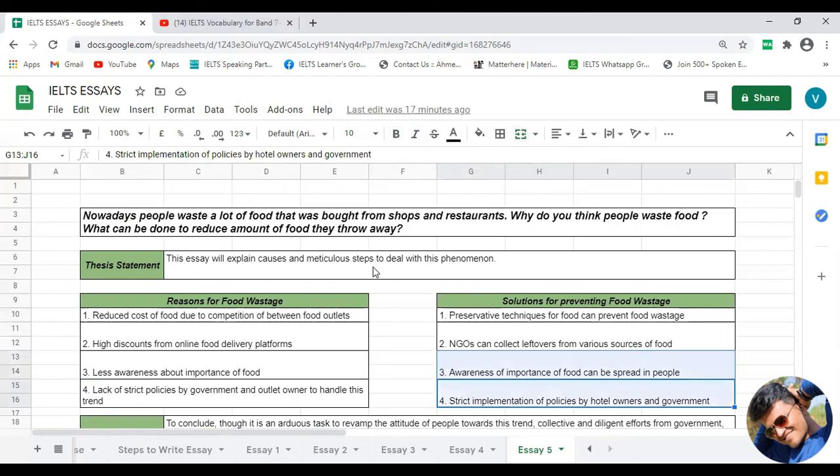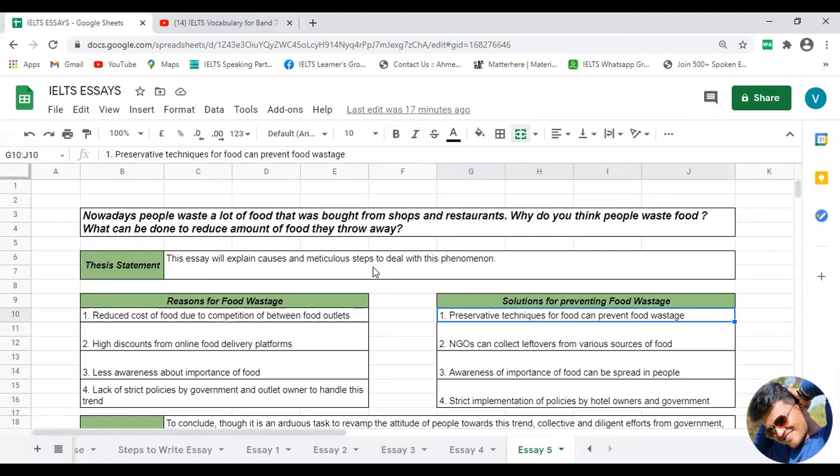So these are the two solutions which we can derive easily from the reasons paragraph, right? If I talk about the other two solutions according to me to handle this food wastage, the first solution at a personal level would be to use certain kinds of preservative techniques or preservative equipment to reduce the food wastage to some extent.